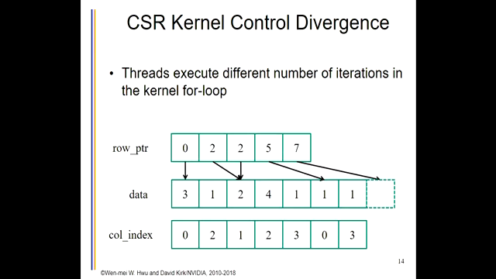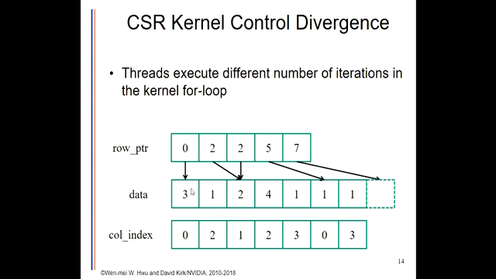Who knows? So this can create a tremendous amount of control divergence in each thread block, simply because you have no control over the number of iterations adjacent threads will take. This is completely determined by the data characteristics. So that's one important point to make.